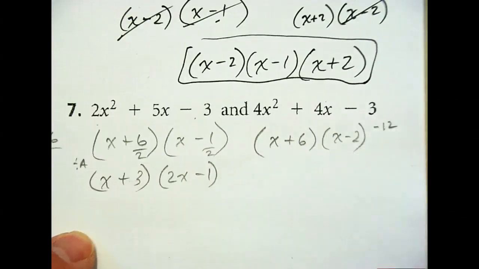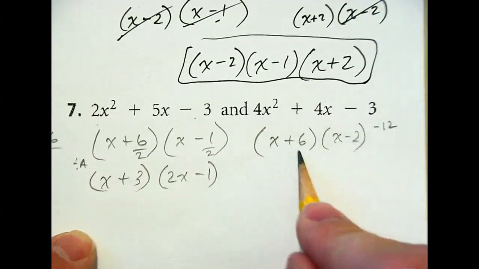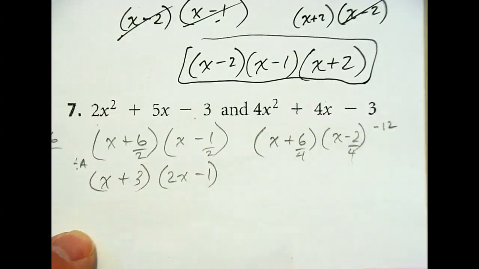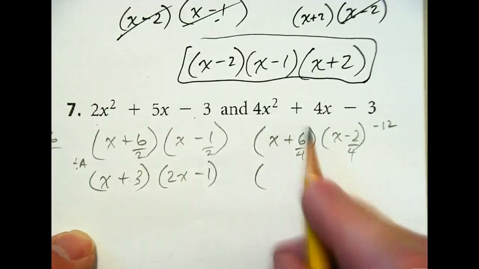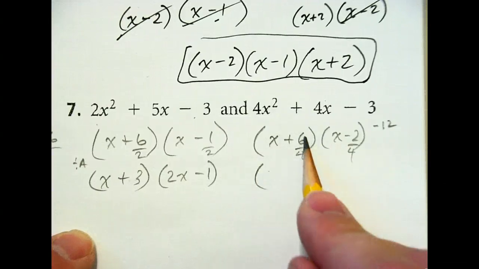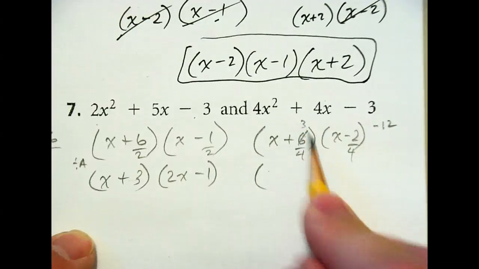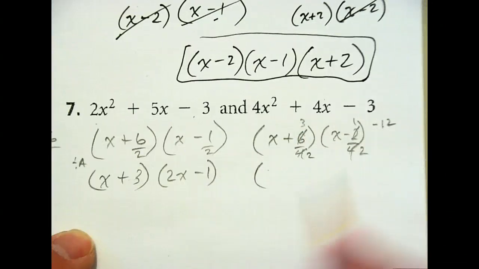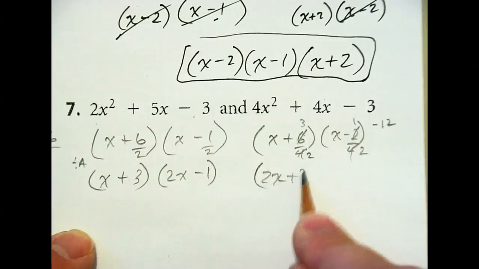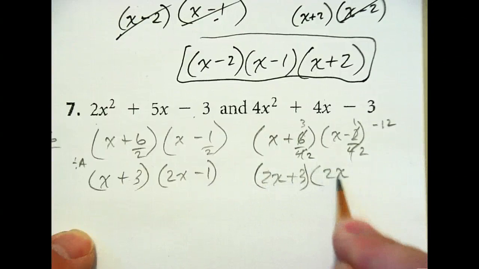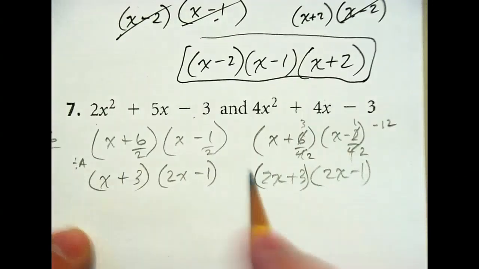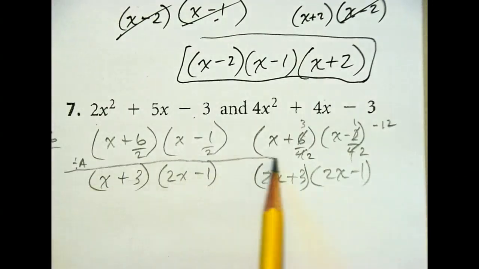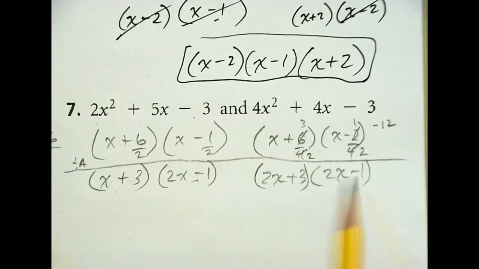All right, we have to divide by 4. So we get 2x plus 3, 2x minus 1. Good, that reduces. So we get 2x plus 3 and 2x minus 1. Those are the pieces that we want right here.